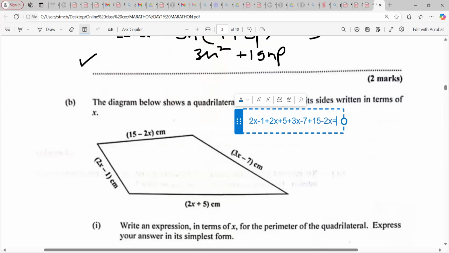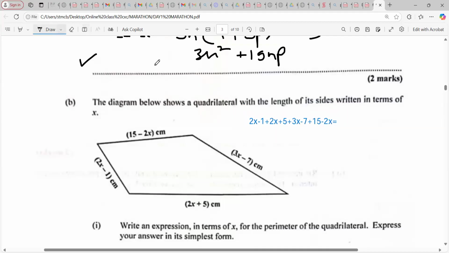I could have put minus 2x plus 15, but I could work it. So we have 2x right here. So we add now. So 2x plus 2x plus 3x, that will give us 4, 7. And then, of course, your minus 2x. So this will give you 5x.